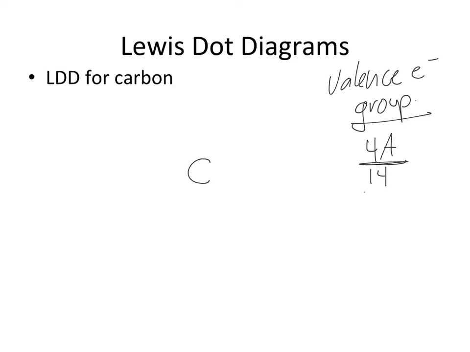If you have the periodic table that says 14, then you just take 14 minus 10, and you get 4. So carbon has 4 valence electrons. We're going to put those outside the edge around carbon here, in a pattern going clockwise: 1, 2, 3, 4. And that's it. That's the Lewis dot diagram for carbon. Very, very simple. It doesn't show any of the inner electrons, just the outer ones.